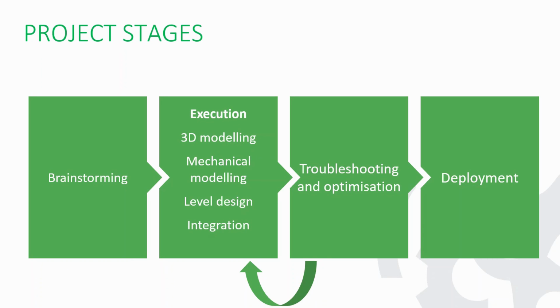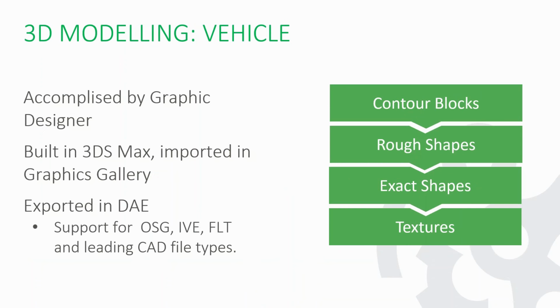And then in a loop, we went into a troubleshooting and optimization period. Every time we made major changes, we went back to the hardware, made some tests, and optimized the simulation to make sure it would keep on running at 60 FPS, would be easy to understand, and would provide an interesting experience to the user. Once this was done, the simulation was deployed on the 2 simulator platforms for shipment to the trade show itself.